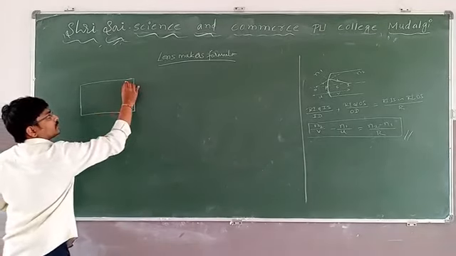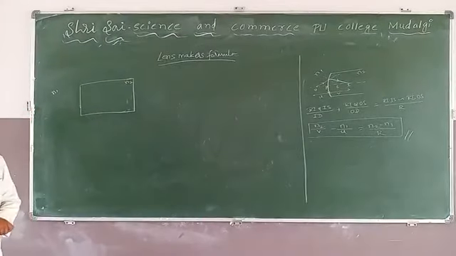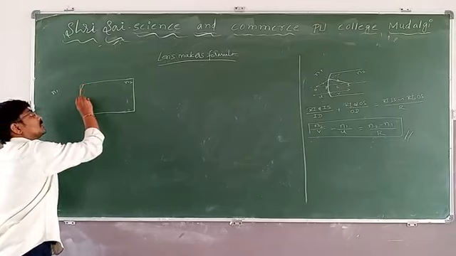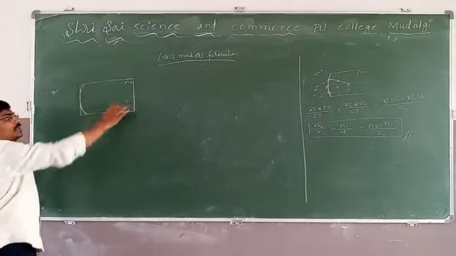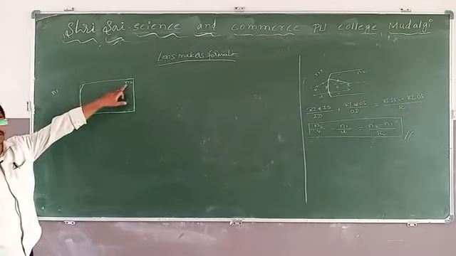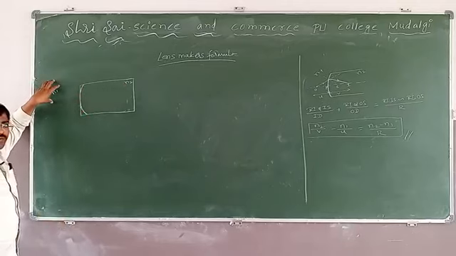Its refractive index is n2, and here the refractive index is n1. Remember, this surface is cut into a spherical surface. This is the glass slab. Take it as a glass slab. Its refractive index is n2. This glass slab is kept in a surrounding of refractive index n1.